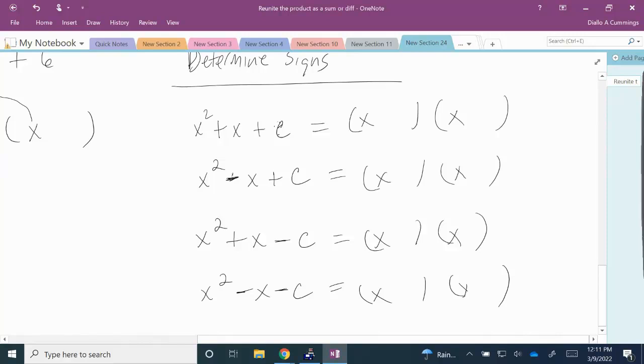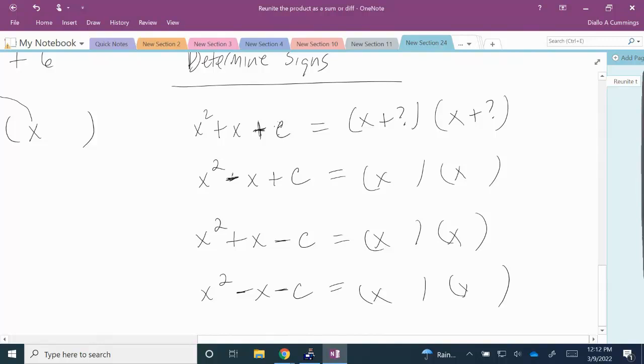When you determine signs, this is how it works. If your last term is positive, then both of your numbers are going to have the same sign as your middle term. Since this last term is positive and my middle number is positive, both of the signs are going to be positive.